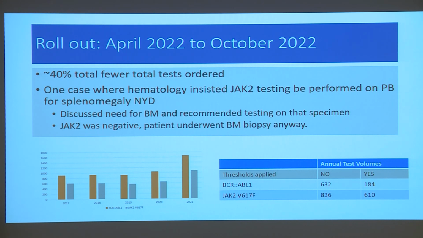Those still happened. So we are only triaging and influencing the number of tests done on new patients. So it's a cohort of everyone who gets testing done. The fact that we're seeing a 40% reduction in overall tests for CBC thresholds that really only apply to a minority of the populace that we serve, I think is really quite impressive.